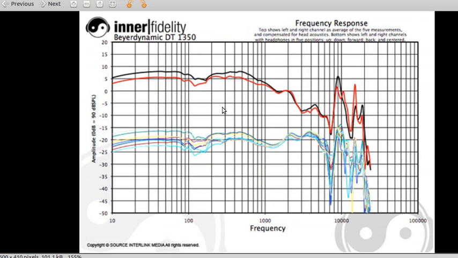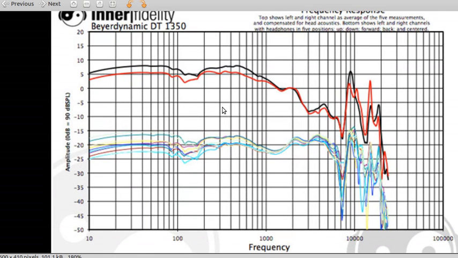And this is the Beyerdynamic dt1350, the curve. We can see it has a drop at the bass range from 100 Hz to 200 Hz. It has a drop. So some music listeners who prefer the dt1350 think it's a flat frequency response.